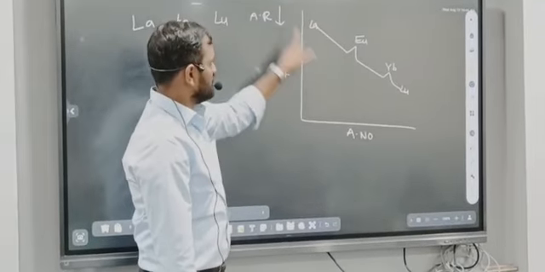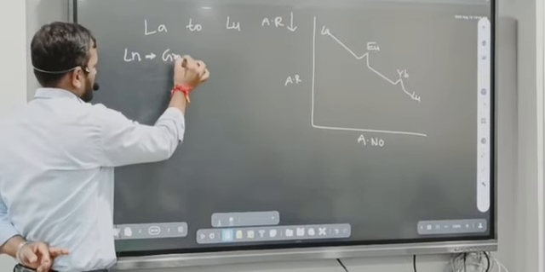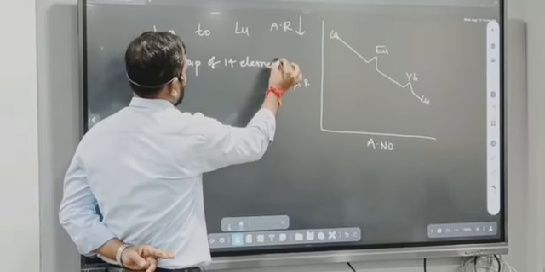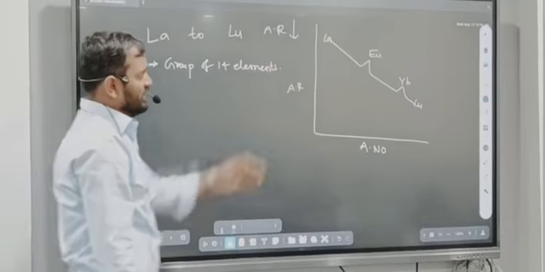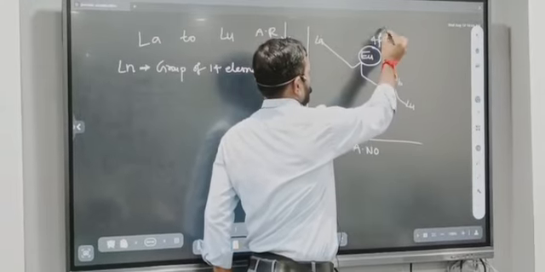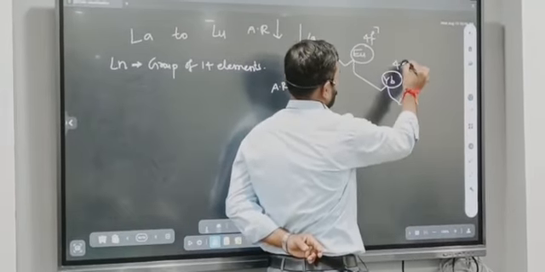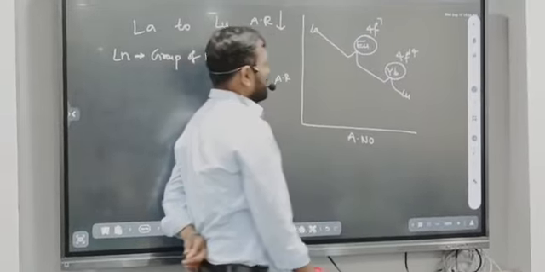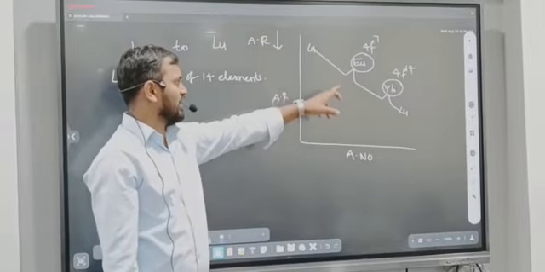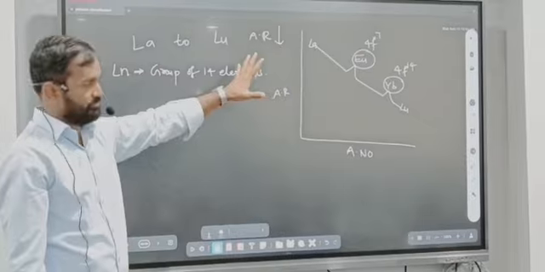So in lanthanides, a group of 14 elements, the atomic radius steadily decreases, but the sudden increase is exceptional for ytterbium and europium. It is due to the extra stability of their electron configuration.